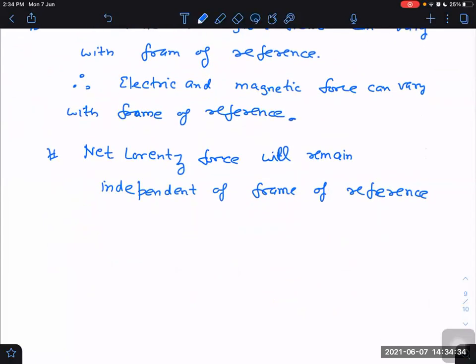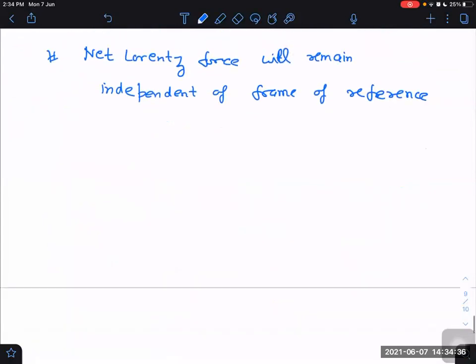Now, this is really interesting and it gives us one idea about this force, the net electromagnetic force. Let me write the formula once, F_EM. What is that?